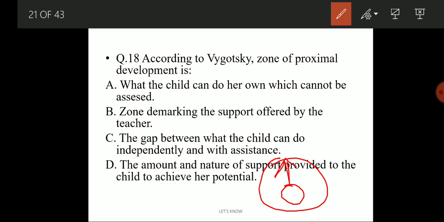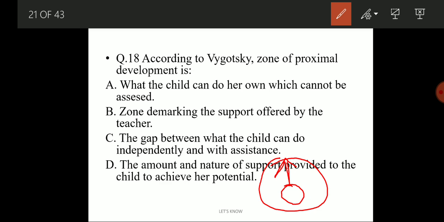So our options are here. What the child can do on her own which cannot be assessed. No. Zone demarking the support offered by the teacher. No, this is not it. See, gap between what the child can do independently and with assistance.